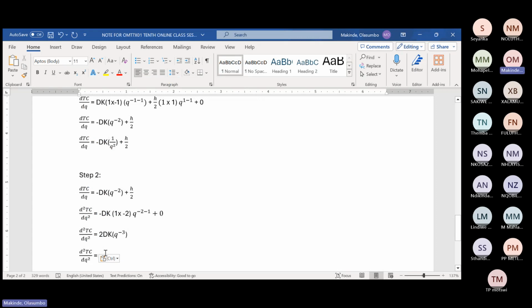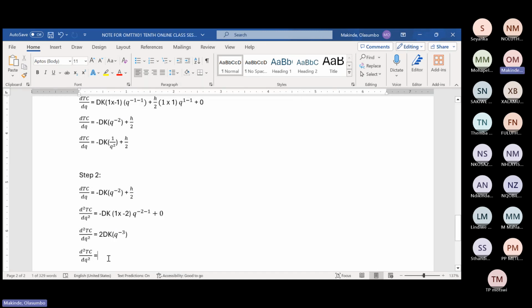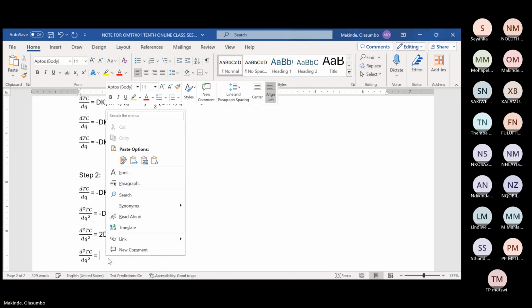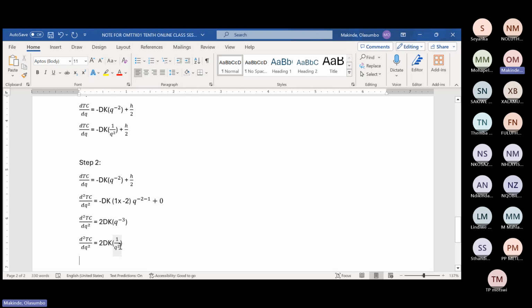So that means I can say this would give me, because Q raised to the power minus 3 from the law of indices is 1 over Q cubed. So I can just follow the same principle like I did here, using the law of indices. Then this will give me 2DK over 1 over Q cubed from the law of indices.